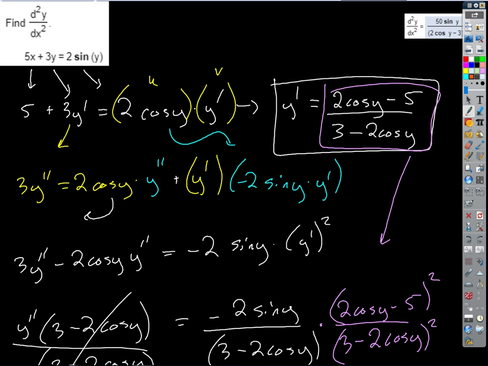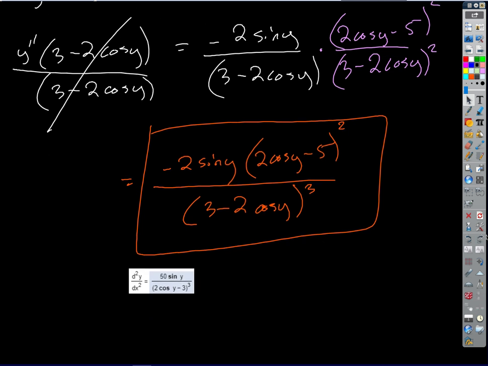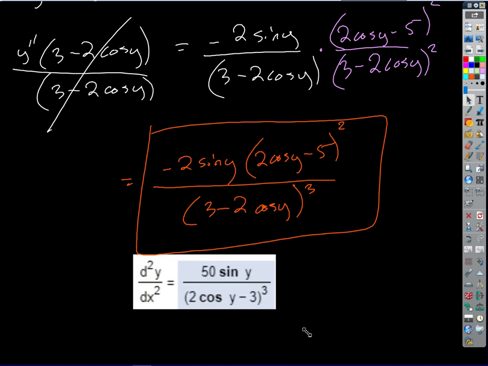Their answer, looks like they did one thing slightly differently, which is fine. They're equivalent answers, I think. Let's look more closely at what they do. That looks a little different. Where's the 50 sine y?